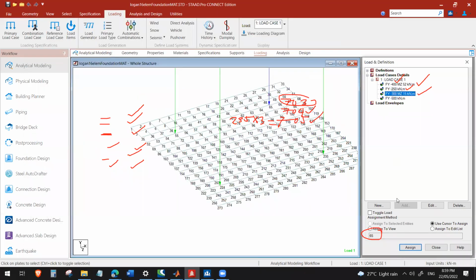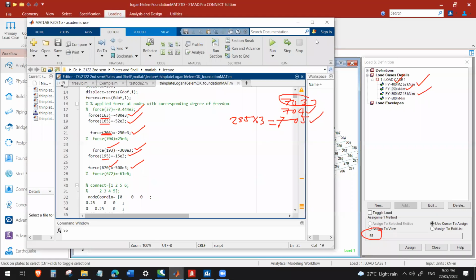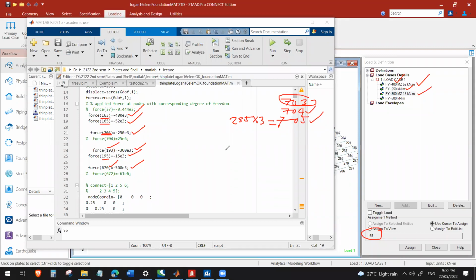Now, for example, let's check the moment. It's applied at node 65. So 65 times 3 is equal to 195. That means that is the rotational DOF, 195, which corresponds to our moment. And therefore the vertical DOF is 193.